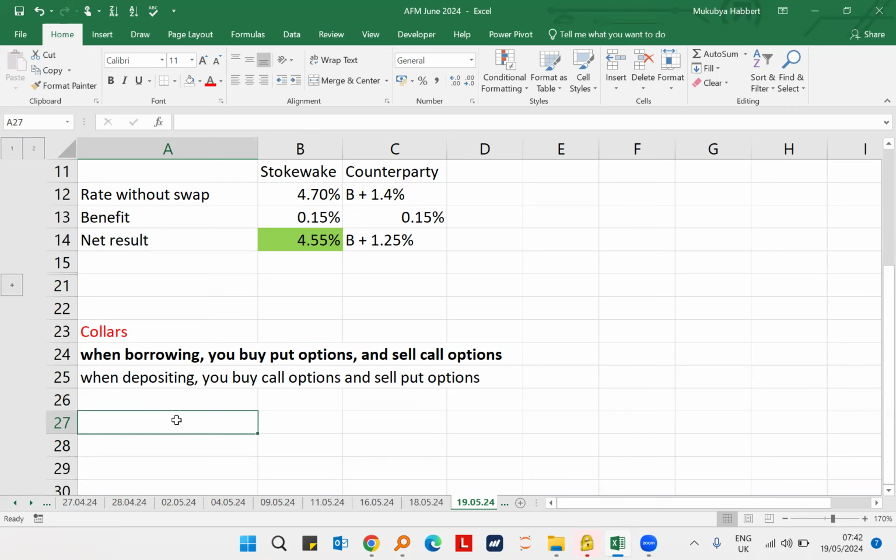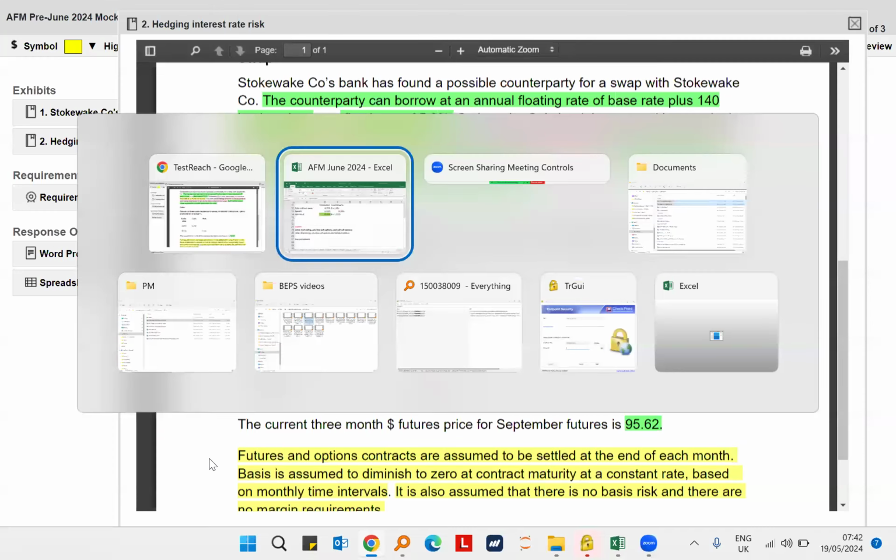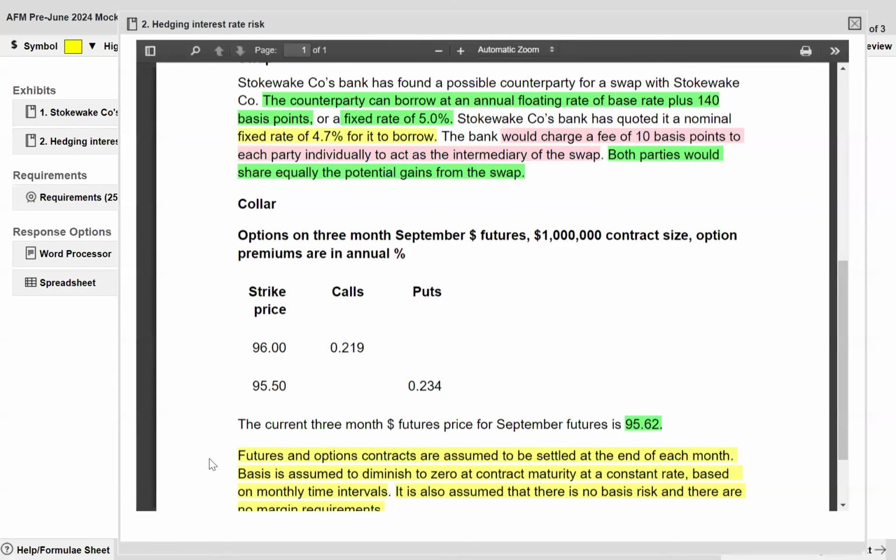Of course, you need to know at how much. So we shall buy put options. We are buying September options, remember, because those are the only ones that we have, but also because our borrowing starts in September. It starts on 1st September, and these September options are at the end of the month, so there's going to be some unexpired basis.